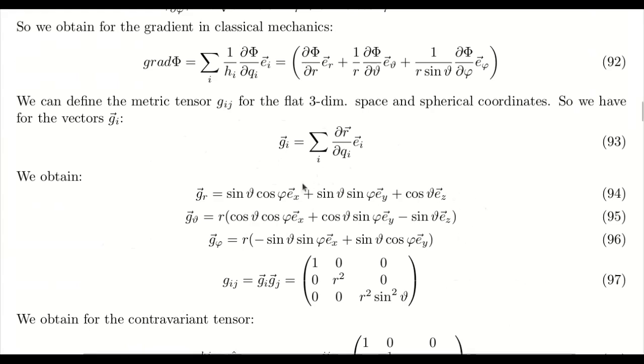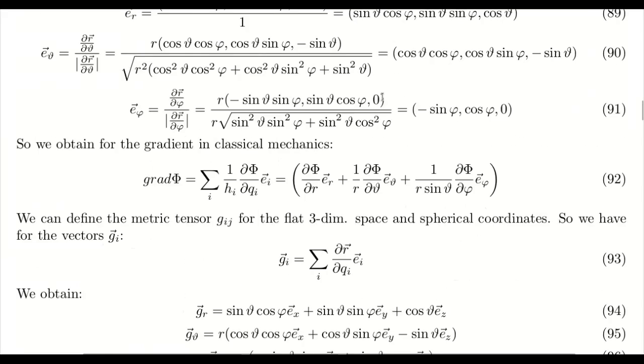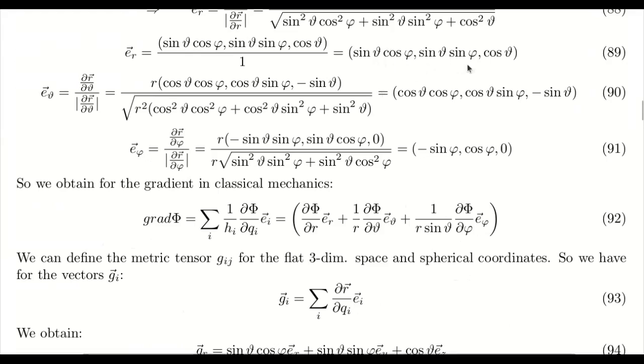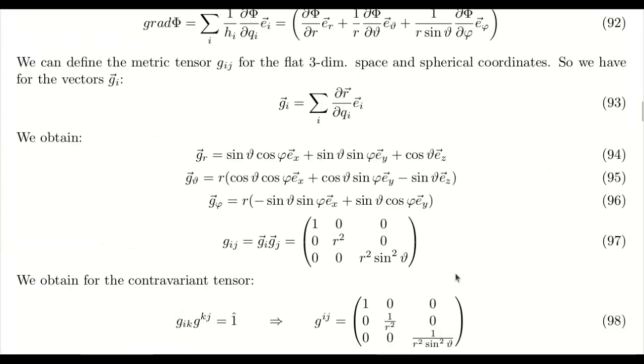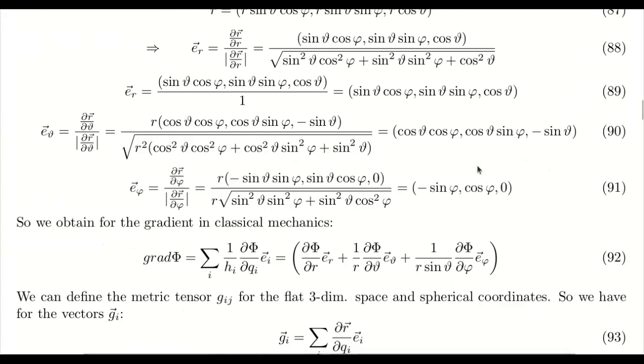We must recognize that these 3 components here in these vectors are the expressions for the Cartesian coordinates. This is x, this is y, this is z. So we write here the 3 components with ex, ey, ez. In the first line, this is the r coordinate, then the theta coordinate, and for the phi coordinate we have here the third line.